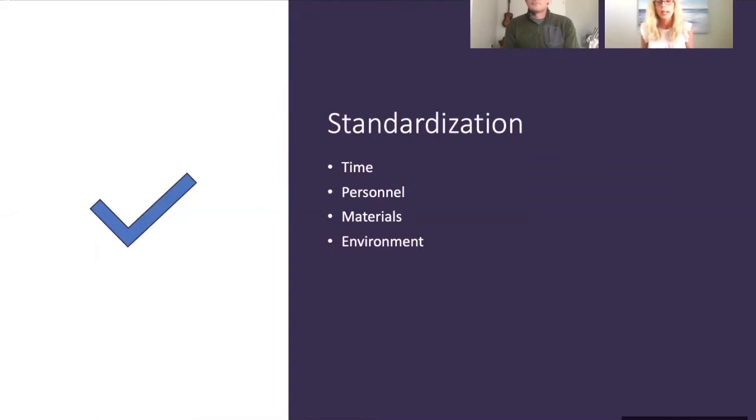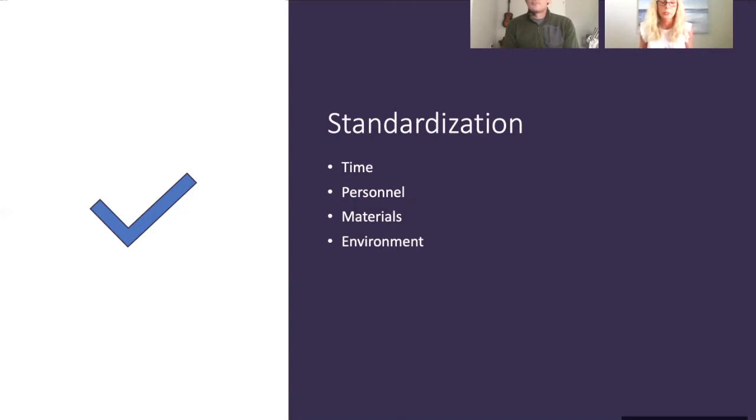So things that we look at are, you want to make sure that you progress monitor at the same time each day or the same day of the week. You might get different data on a Monday morning as opposed to a Friday right before a pep rally or something like that. Also, you want to make sure that all of the people doing your progress monitoring are trained so that it's consistent as to how the data is collected.